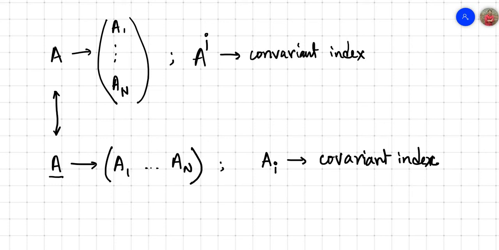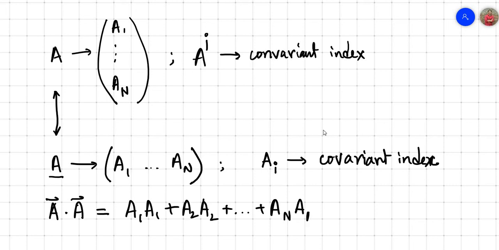So whenever a contraction or a summation takes place, for example, A dot A is basically the summation of a1 into a1 plus a2 into a2, and so on, plus an into an, then we're simply writing it as a_i a^i. So from now on, whenever we create a contraction of indices, it will always take place between a covariant index and a contravariant index.